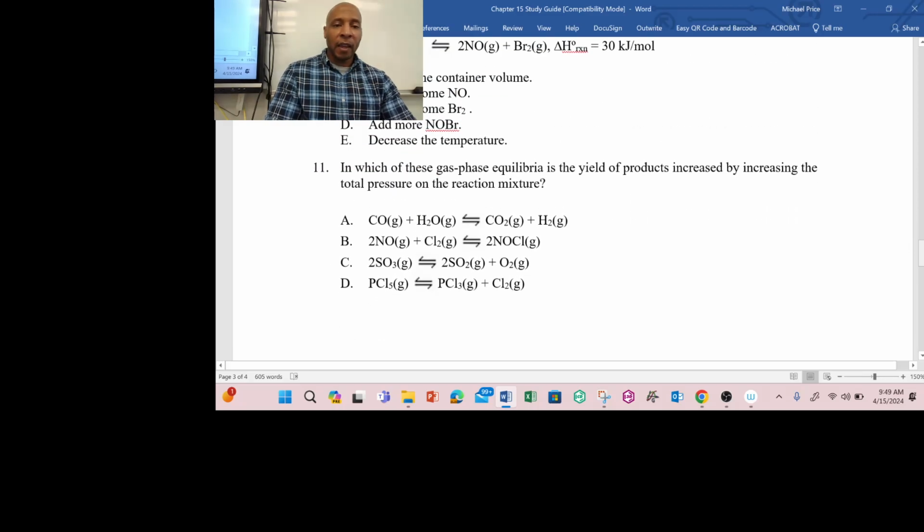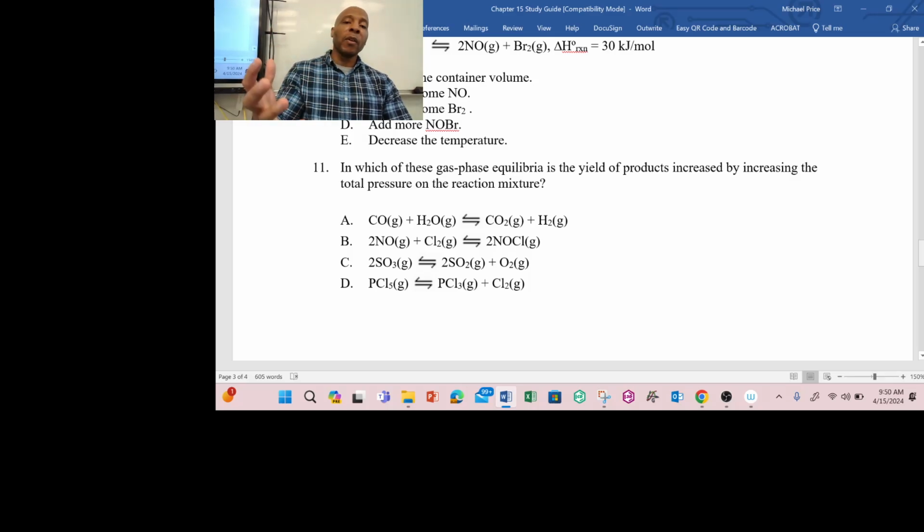Number 11: in which of these gas phase equilibria is the yield of products increased by increasing the total pressure of the reaction mixture? If you increase the pressure, my system is going to try to counteract that by decreasing the pressure, so it's going to shift to the side with fewer moles of gases.